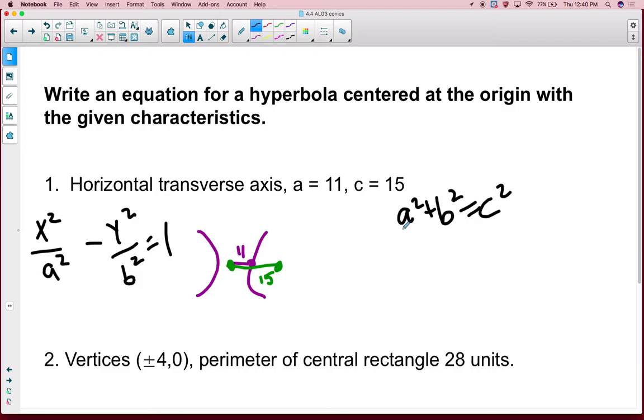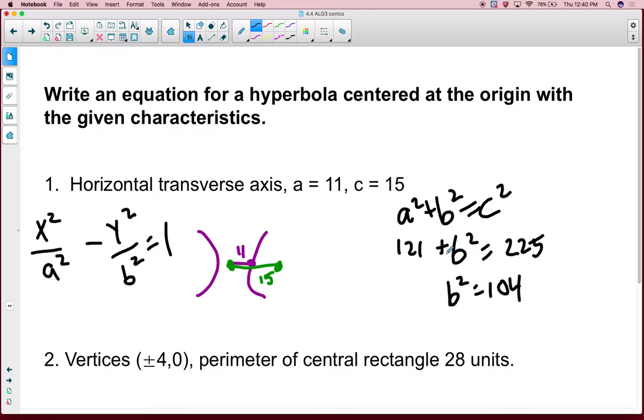Okay, so we know a is 11, so 11 squared is 121. We're finding what b is, and we know c is 15, so c squared is 225. Okay, so we can subtract 225 minus 121 and get 104. So b squared equals 104.